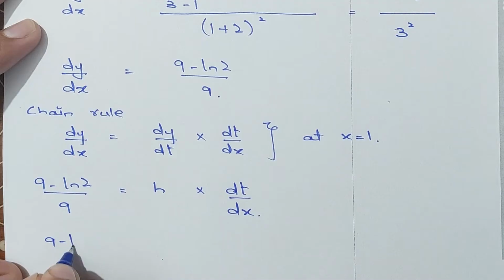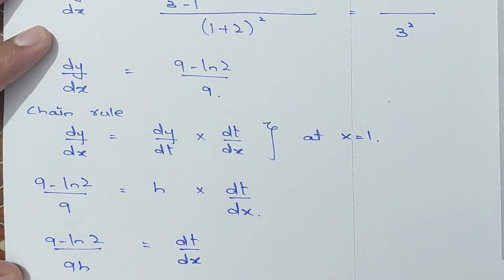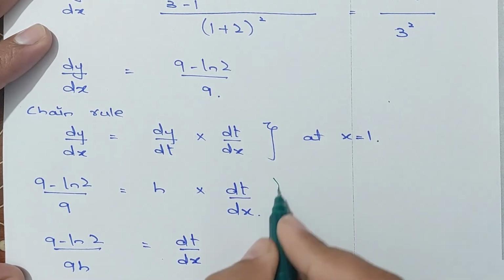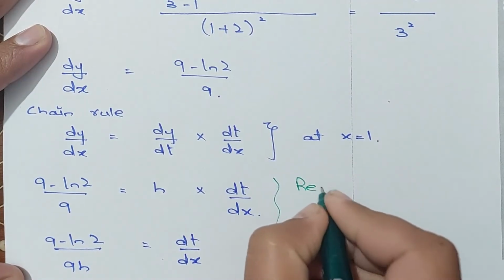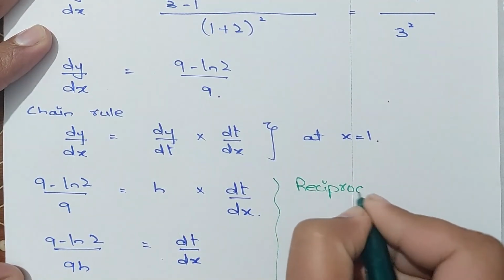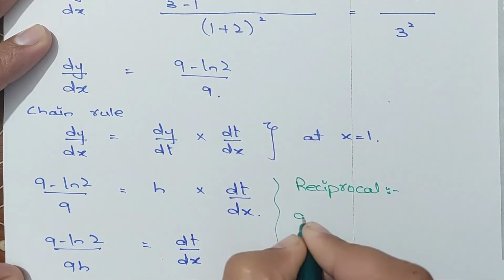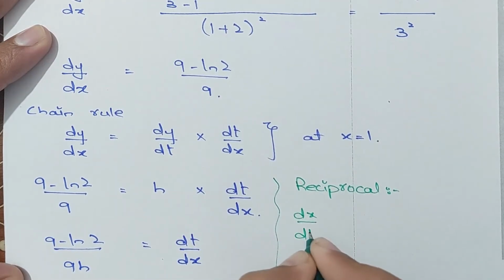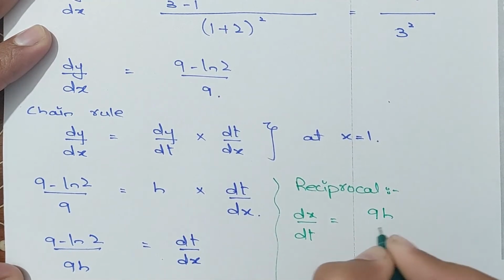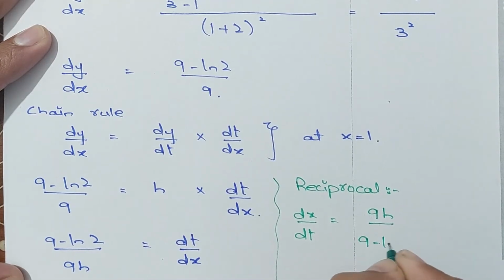So 9 minus ln 2 over 9h is dt over dx. But we have to solve for dx over dt, so taking a reciprocal, dx over dt equals 9h over 9 minus ln 2.